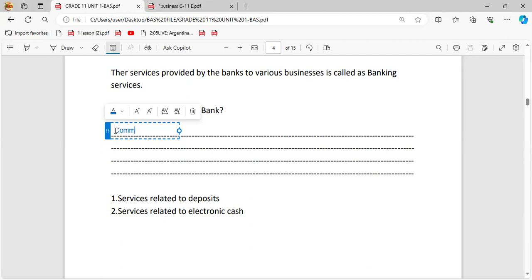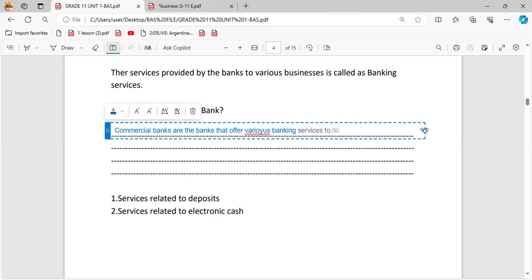Commercial banks are the banks that offer various banking services, for example, providing loans and maintaining accounts, while managing the current accounts.